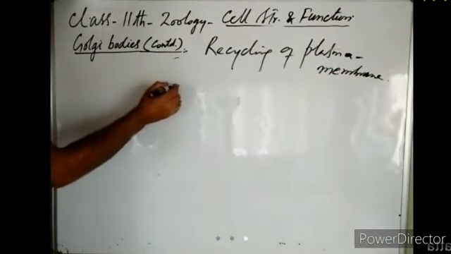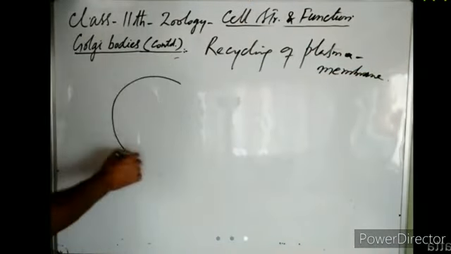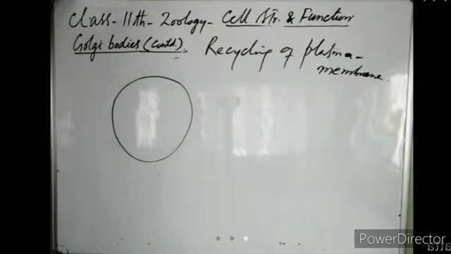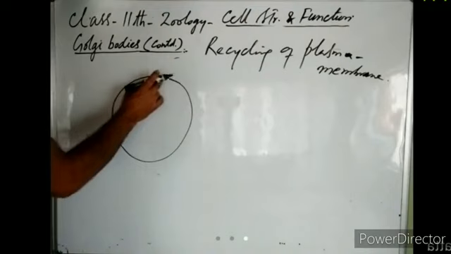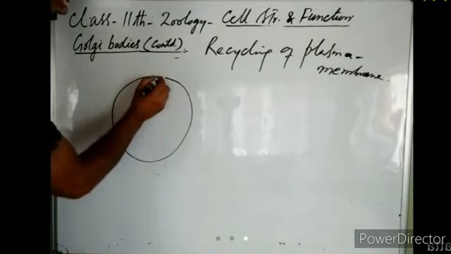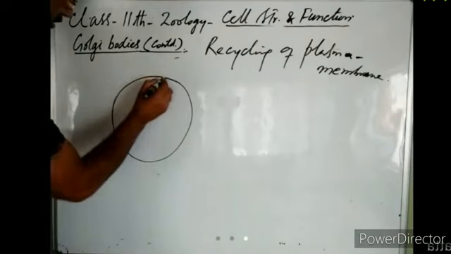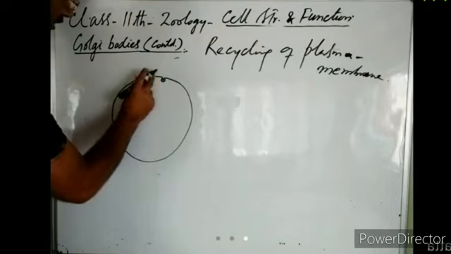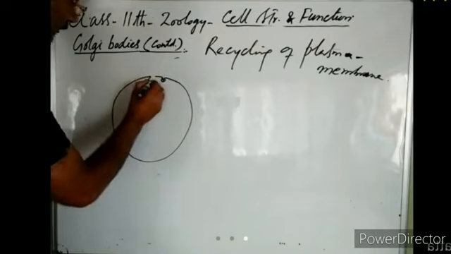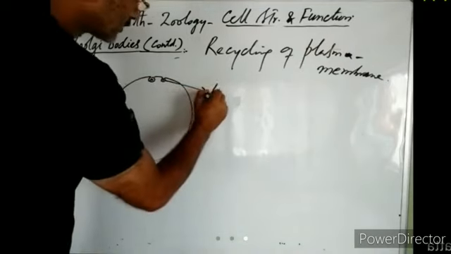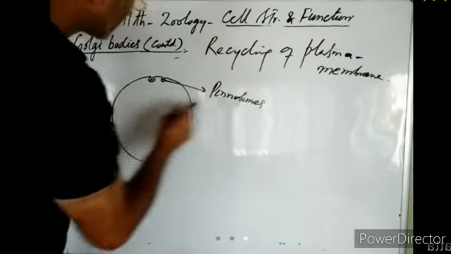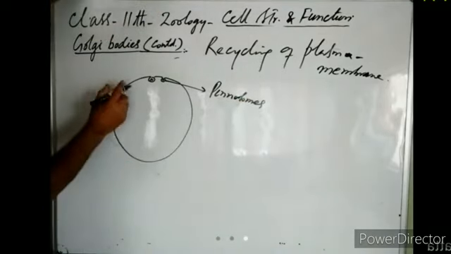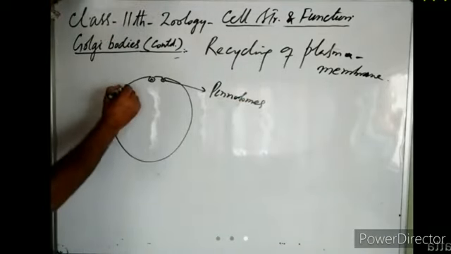You know, a cell is continuously making endocytosis. This cell membrane continuously invaginates. It makes little invaginations. These little invaginations, which are fluid filled, are known as pinosomes. Or sometimes this cell may engulf solid food particles.